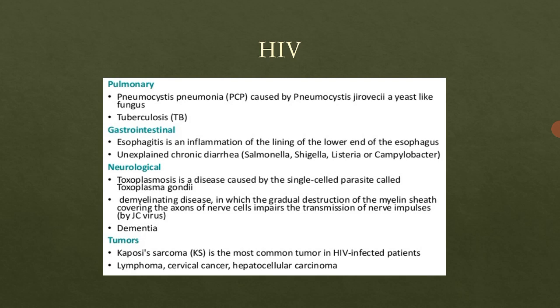Then demyelinating disease, in which there is gradual destruction of the myelin sheath. Myelin sheath is present in the nerve cells, covering the axons of the nerve cells, and it protects them. In the demyelinating disease, the myelin sheath gets destroyed, because the virus is transmitted to the nerve cells, and that sheath is responsible for protecting the nerve cells.